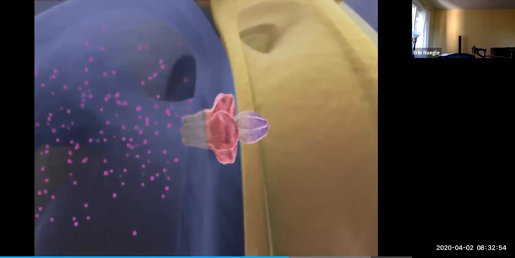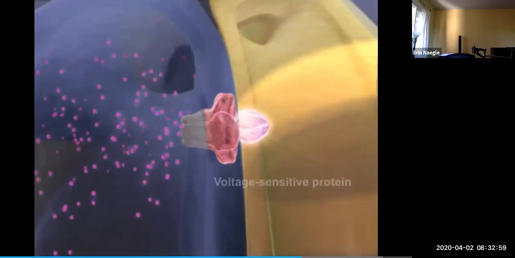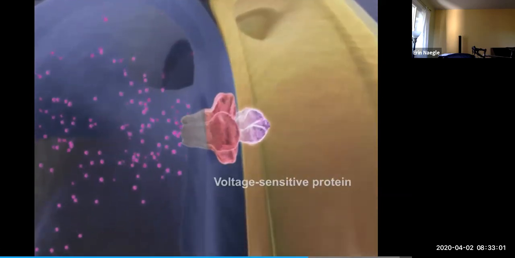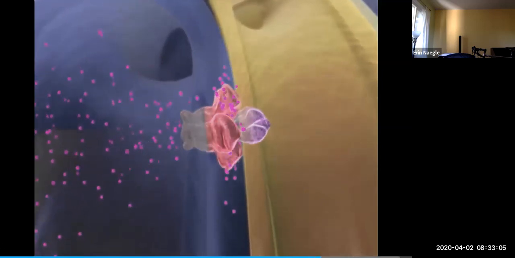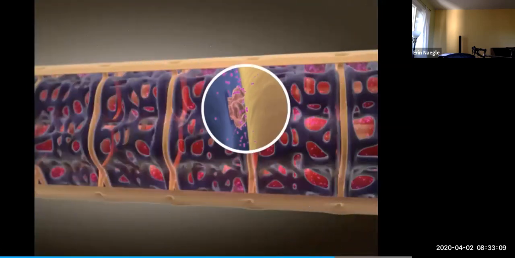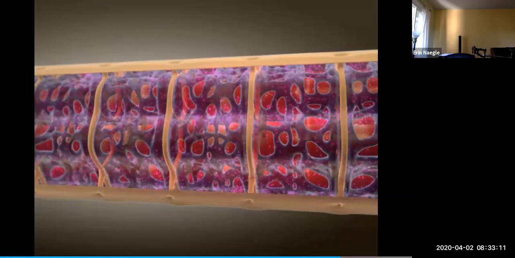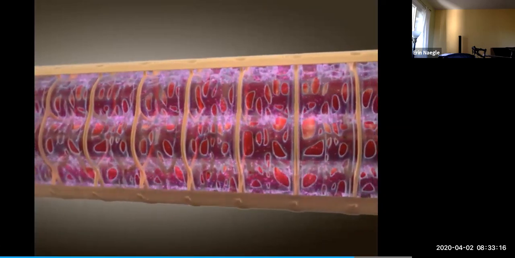As an action potential travels down the T tubule, it causes a voltage-sensitive protein to change shape. This shape change opens a calcium release channel in the SR, allowing calcium ions to flood the sarcoplasm. This rapid influx of calcium triggers a contraction of the skeletal muscle fiber.